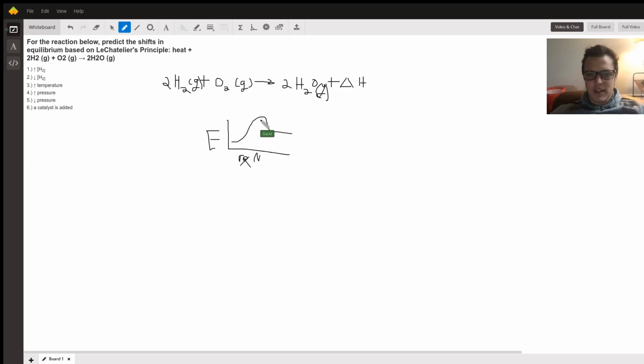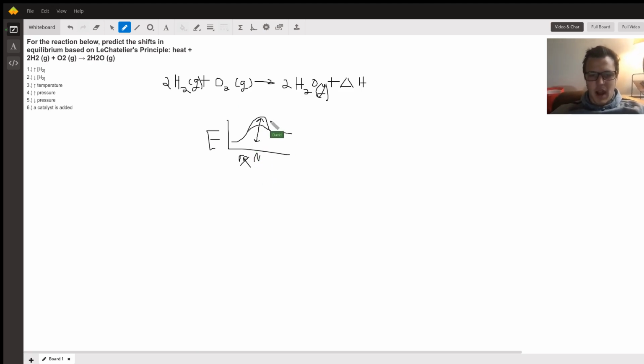All your catalyst does is reduce the activation energy, and this is your activation energy right here. What your catalyst would do is decrease this. Therefore, it's not going to favor your products or your reactants.